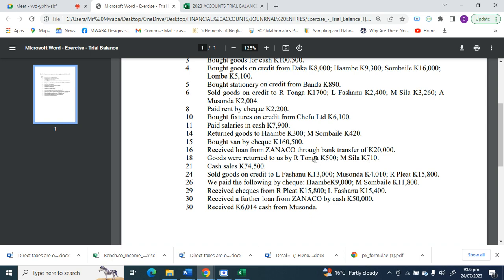Return inwards, yes, or sales returns. Very correct.